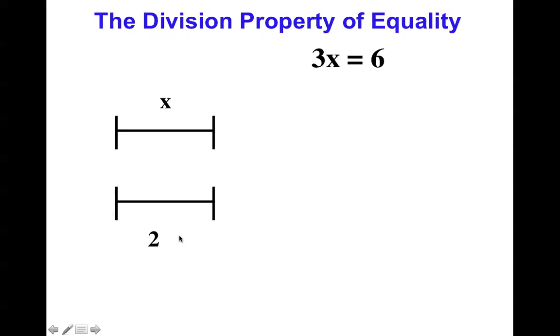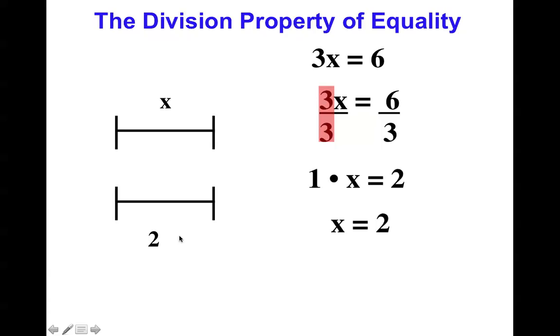Well, I took the 3x and I divided it into 3 pieces so I could get each piece equaling an x. And what did I do to the 6? Well, I divided it into 3 groups also so I could get each group of 2. And what we found was that each x equaled a 2. And so that's how we use the division property of equality to help us solve this very basic math problem. Let's take a look and see how we can do it with other problems.